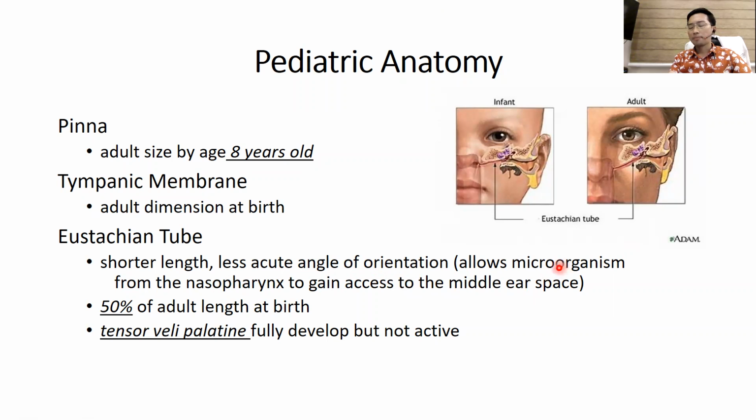Thus, pediatric patients are prone to develop otitis media. It is approximately 50% of the adult length at birth. And remember the tensor veli palatini muscle. It is actually fully developed, but it is not active.